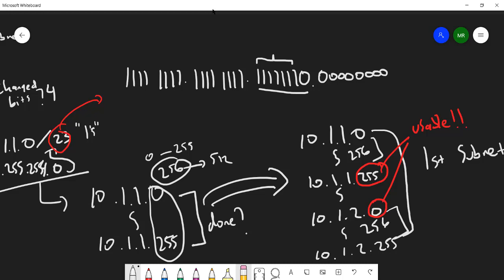And we start counting that only 7 zeros remain. If we convert that 7 number of 1 to decimal, we get 254. We get 254 subnets ranging from 10.1.1.0 up to 10.1.255.255.